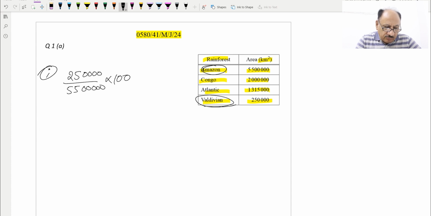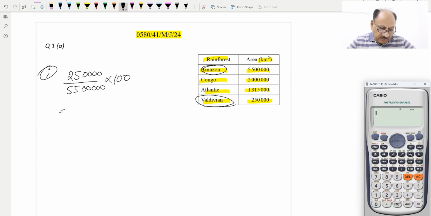This is how we are calculating the percentage, and we can use a calculator for this calculation. 25 and 4 zeros divided by 55 and 5 zeros, and then multiplied by 100, and this is equal to 50 over 11.